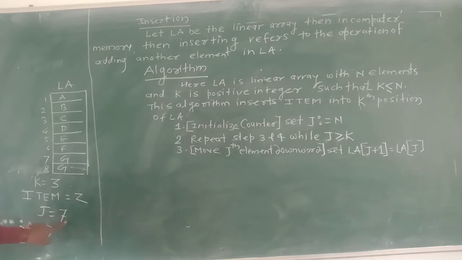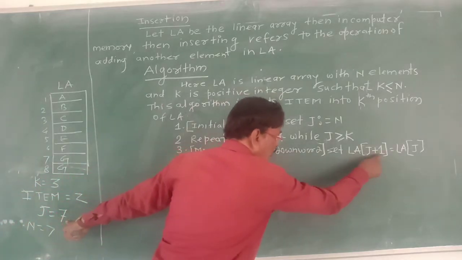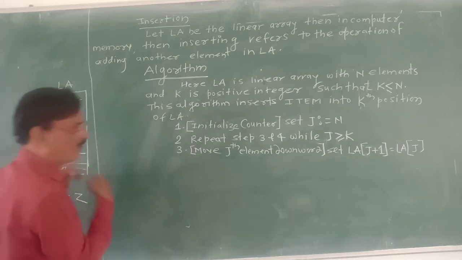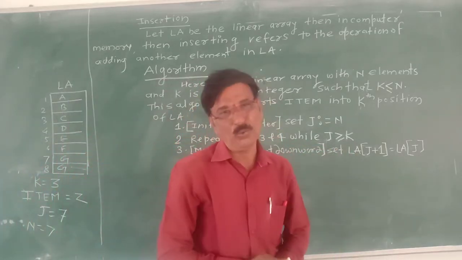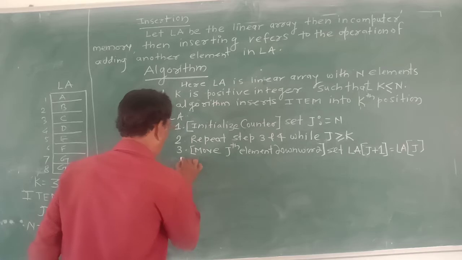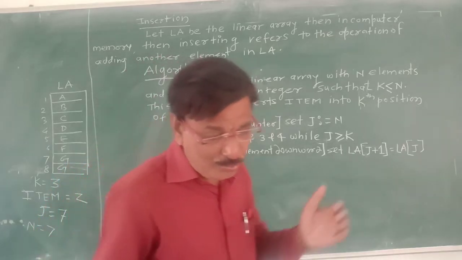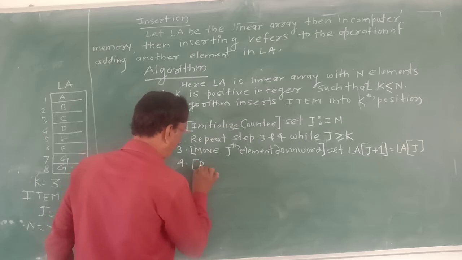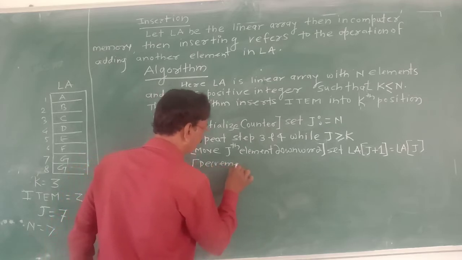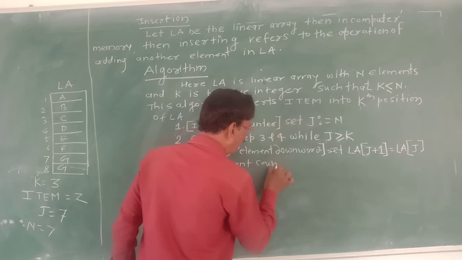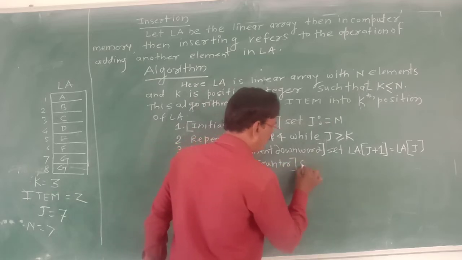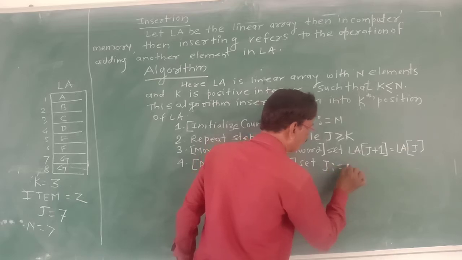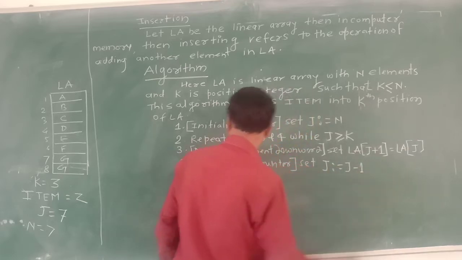Right now J is 7, J plus 1 is 8, so LA[8] should be LA[7], and G moves downward. Step number 4: J must be smaller now by 1. Decrement the counter: set J equal to J minus 1.